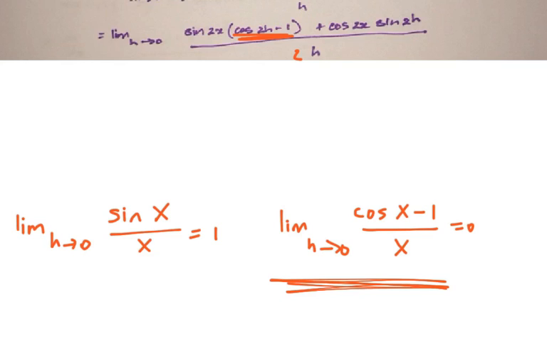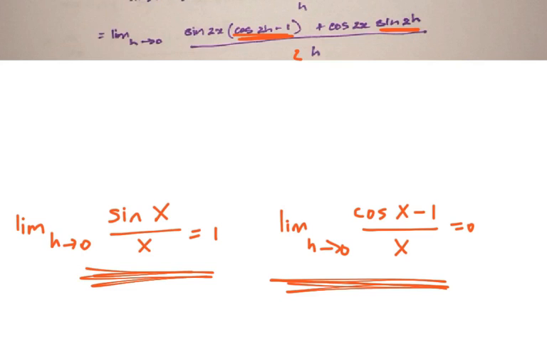Because remember, cos of x minus 1 over x, so cos of 2h minus 1 should be divided by 2h. The same thing, if I look at my sine 2h, and I want it to look like this function here, that means that I should have a 2h on my denominator.